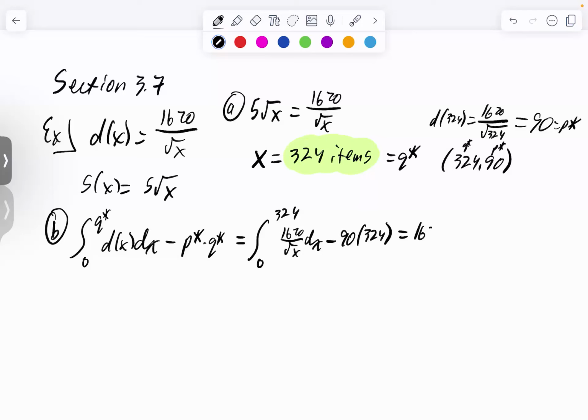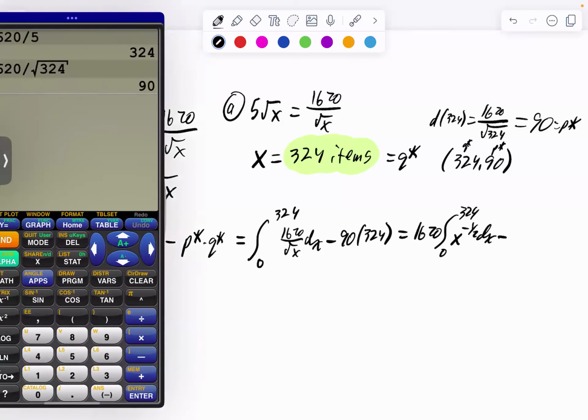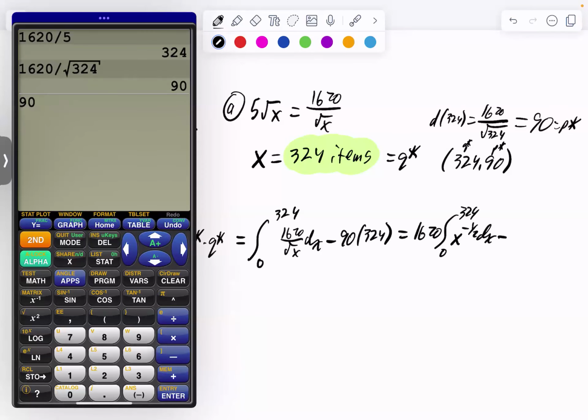I'm going to pull that 1620 out. I'm going to go the integral from 0 to 324. And it's going to become x to the negative 1/2 power minus, and let's see what 90 times 324 is. So I'm getting 29,160.